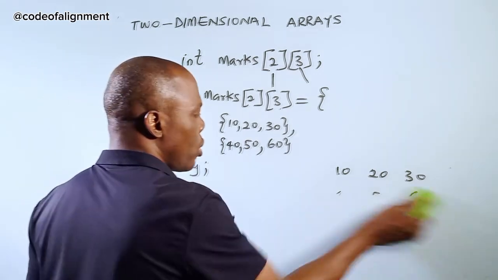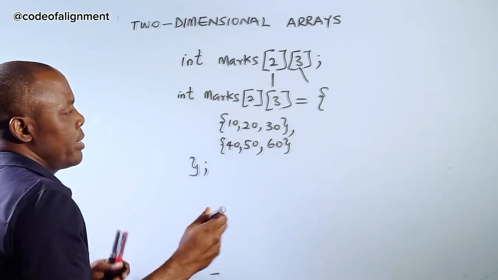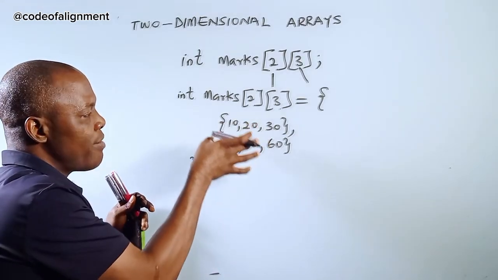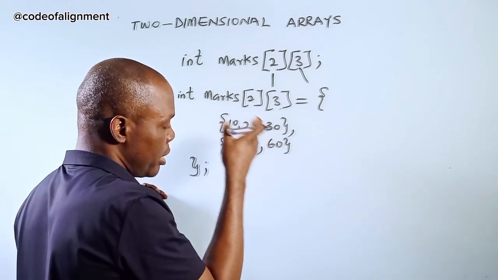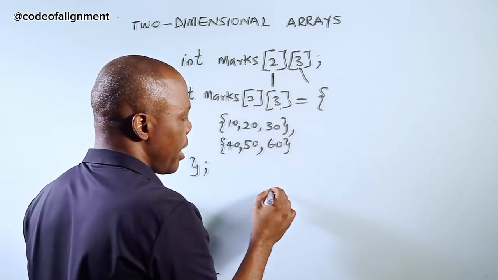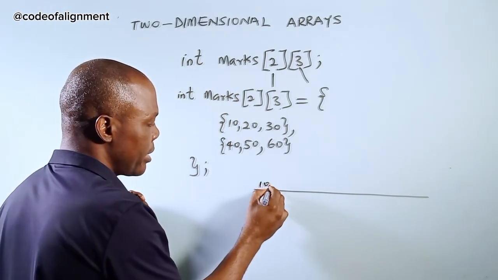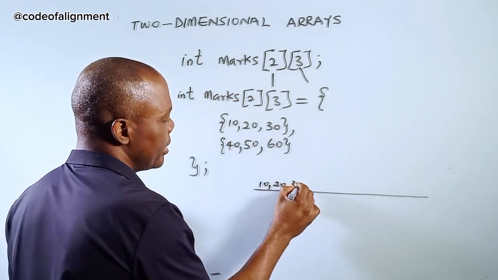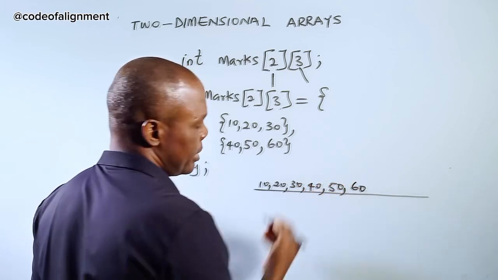Now, how will you store these 2D arrays in the memory, right? Even though you are having it as rows and columns, C will still store, the C programming language or the compiler will still store this in a straight line like this. So it will be 10, 20, 30, 40, 50, and then 60.